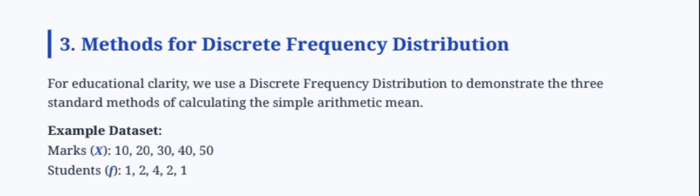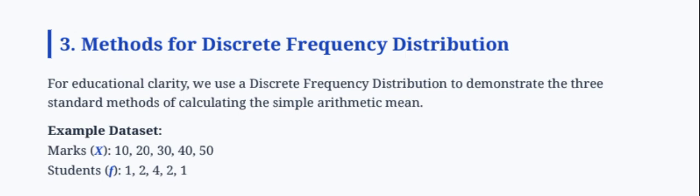Let us understand with an example. So marks here are denoted as x, and students are denoted as frequency. Why are we denoting marks as x? The simple reason is that marks are fixed, whereas how many students are going to get them is variable.